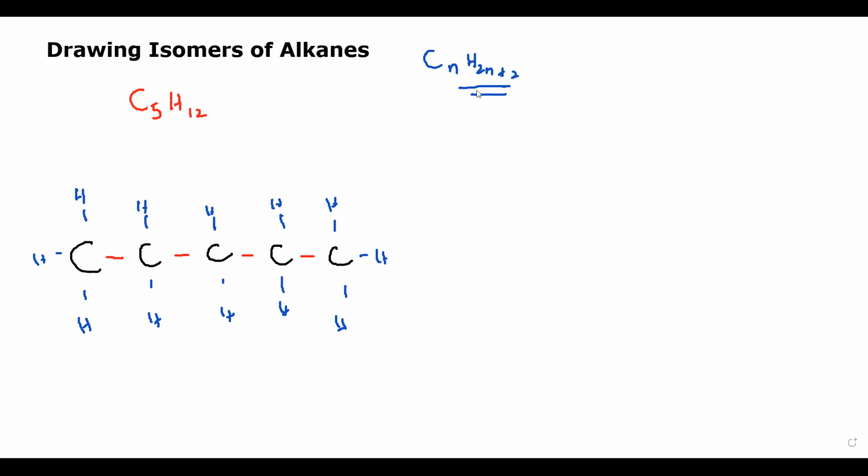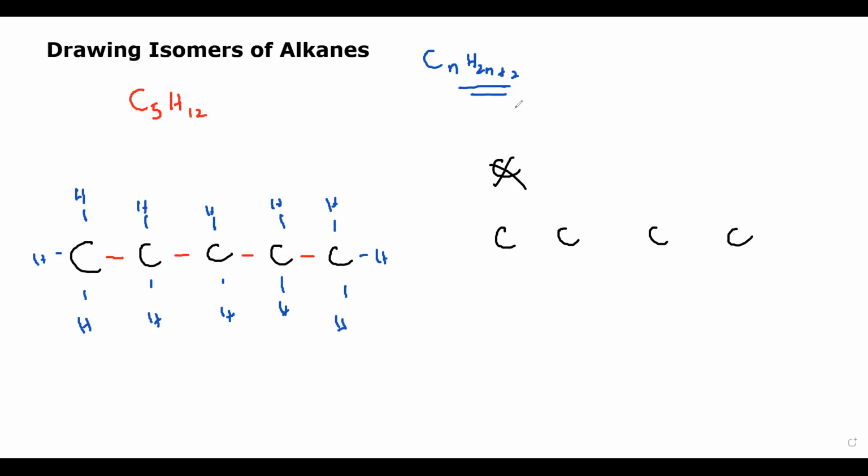We make a branch. So we draw 4 carbon atoms: 1, 2, 3, 4, and then we make a branch. But remember, there is a very common mistake which students make: they try to make a branch with the first carbon. That is not right.